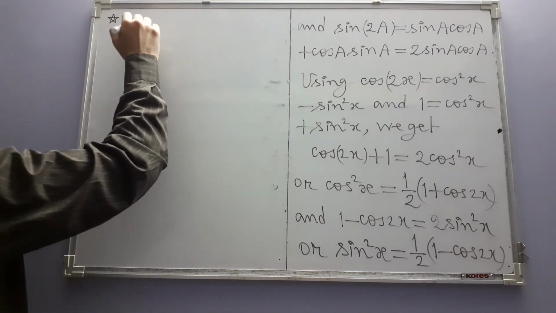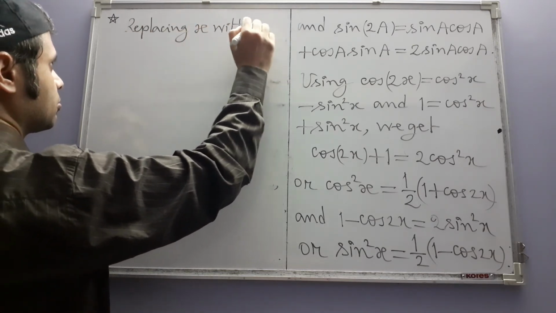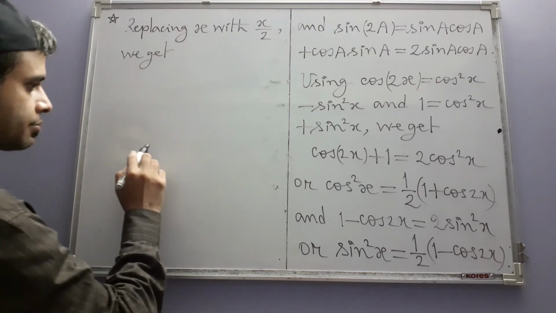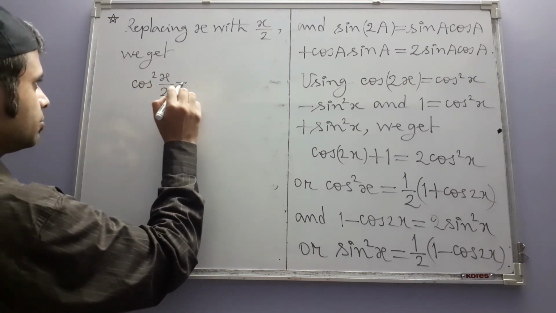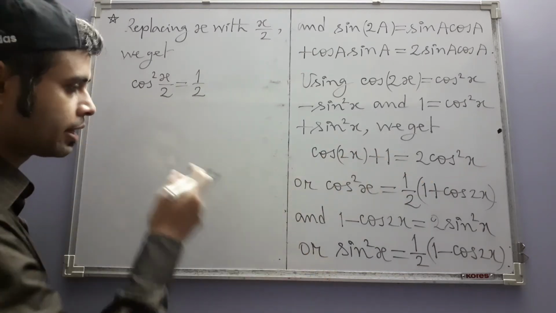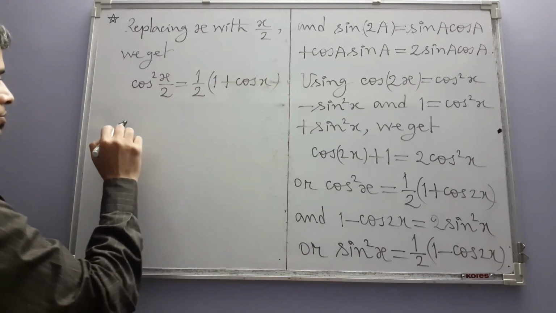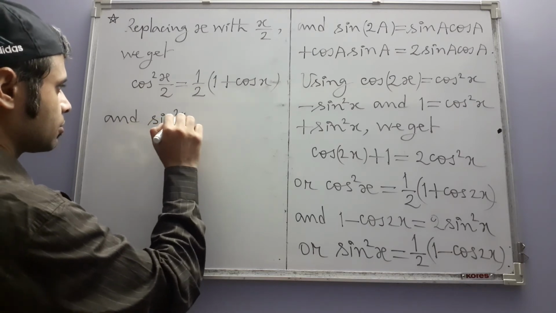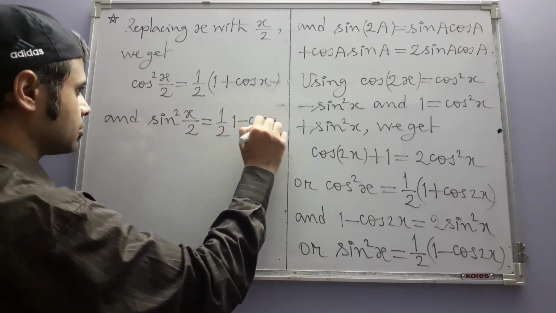Replacing x with x divided by 2, we get cos square x divided by 2 is equal to 1/2 of, there 2 and 1/2 they will cancel out, and we will have 1 plus cos x, and doing that to this one gives us sine square x divided by 2 equal to 1/2 of 1 minus cos x.